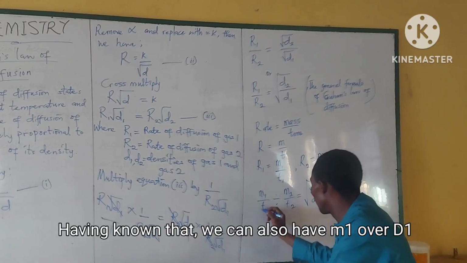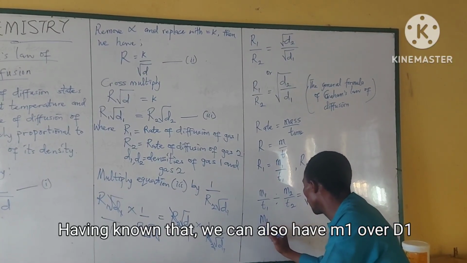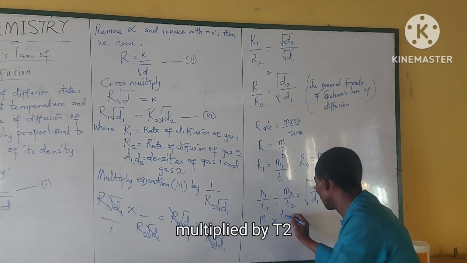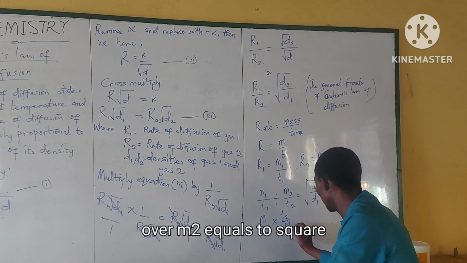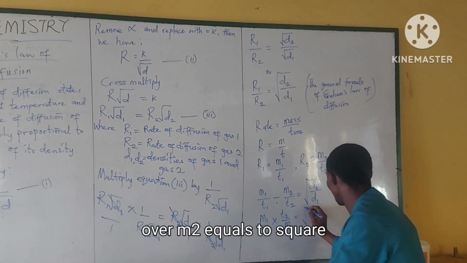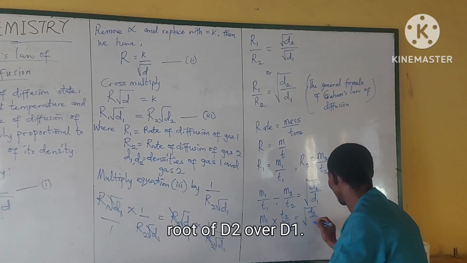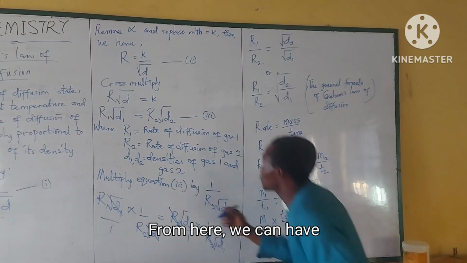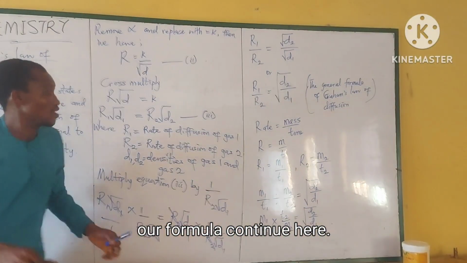Having known that, we can also have M1 over T1 multiplied by T2 over M2 equals the square root of D2 over D1.